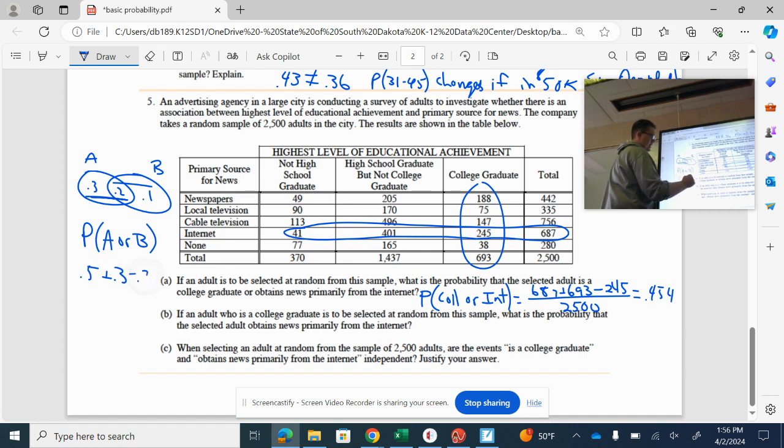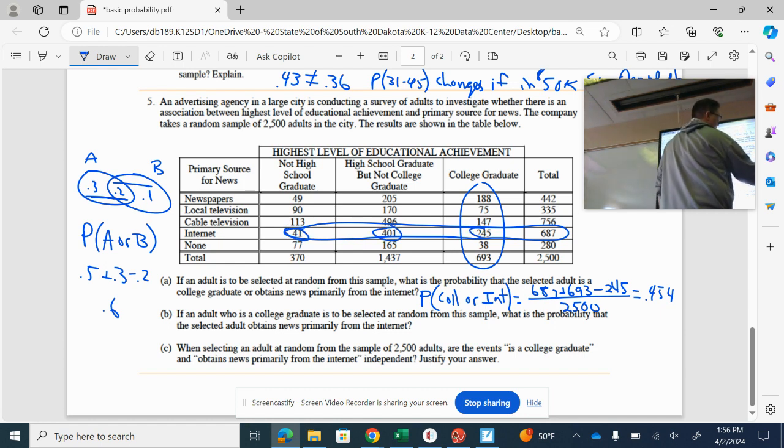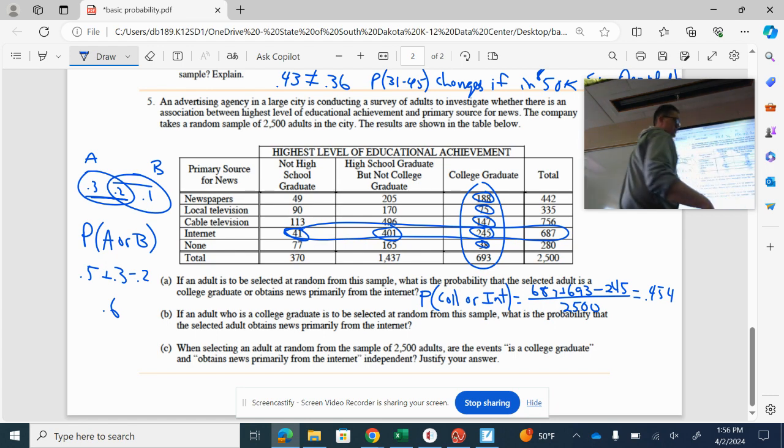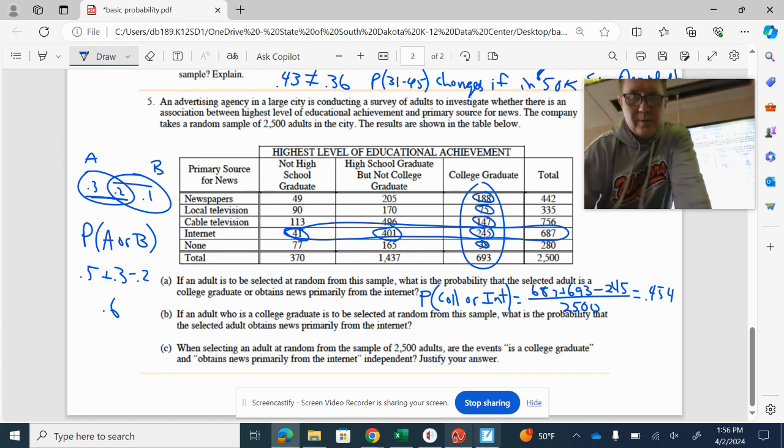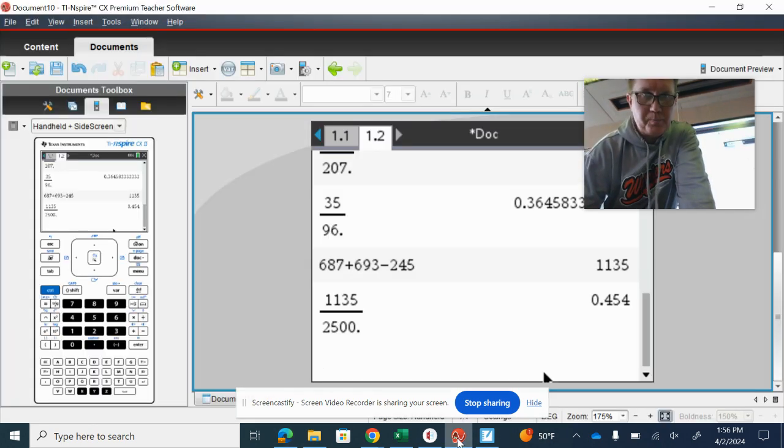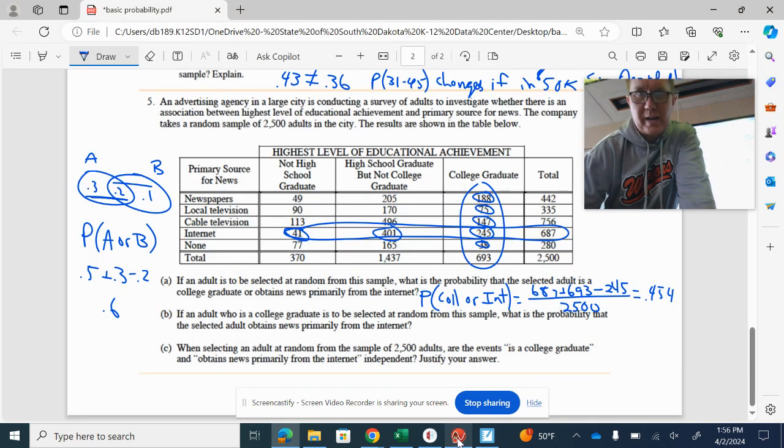But you have to subtract the overlap. So you get 0.6. It's only those three added together. If you were to take the 41, the 401, the 245, add those up, and then add these without adding the 245 again, you should get that 1,135 that we got there.